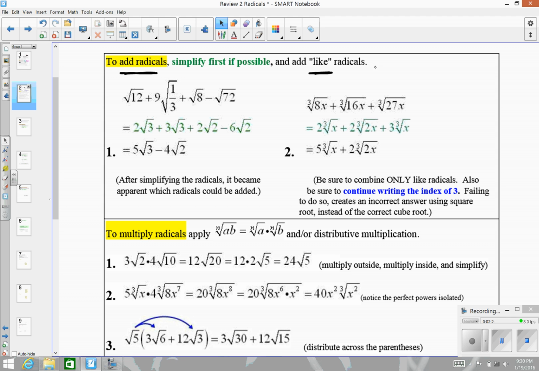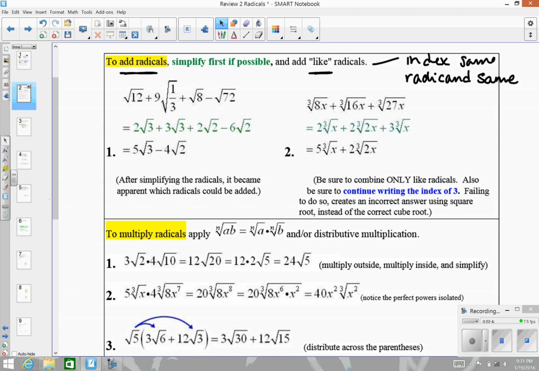That means that if they are like, the index is the same and the radicand is the same. When we combine like radicals, then we are just combining the coefficients of our like radicals.